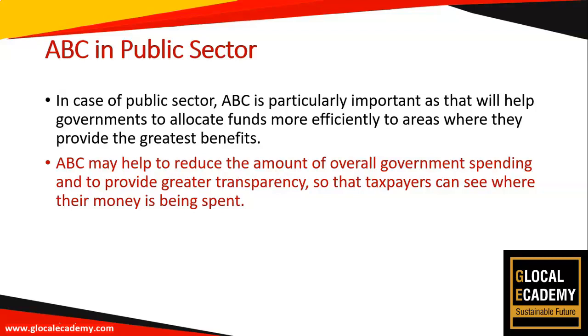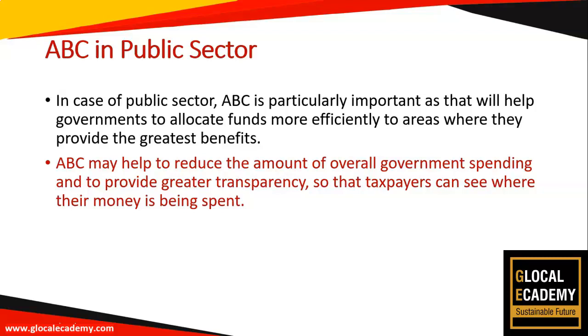ABC may help to reduce the amount of overall government spending and to provide greater transparency so taxpayers can see where their money is being spent. You can relate this concept of transparency to the details about the cost. I told you that activity-based costing gives you a more detailed idea about the cost. So we know the different cost pools, we know what drives the cost, we understand the cost well, and that understanding gives us better control over the cost and helps us in better planning and decision making.